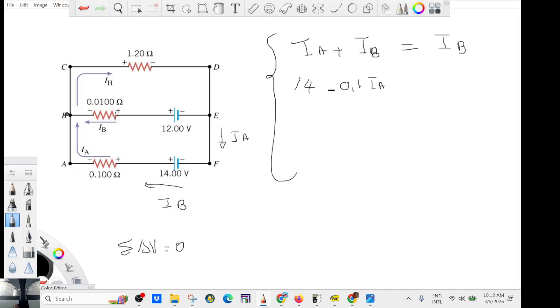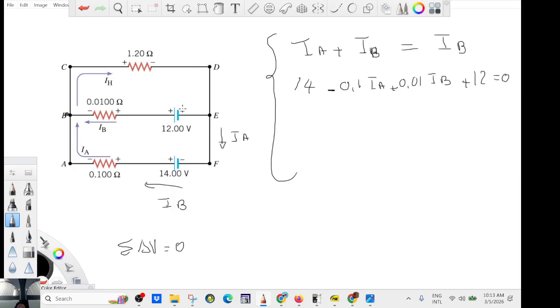So it's not a drop anymore. The current always goes from plus to minus for a load. So now it's going to be plus 0.01 IB. And then from plus to minus, it's going to be a drop. Plus 12 equals 0. That's my second equation.